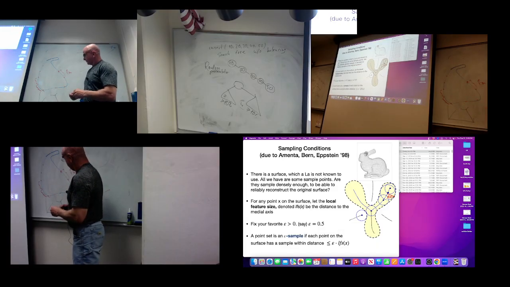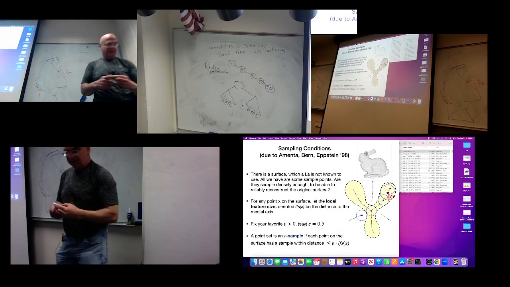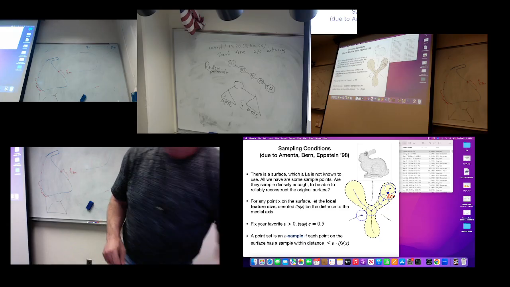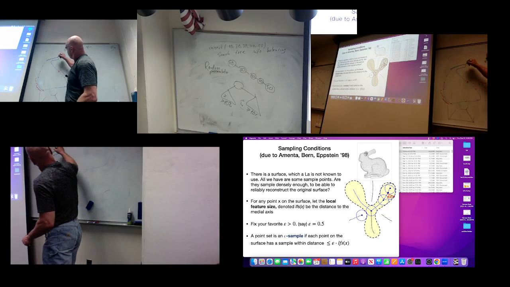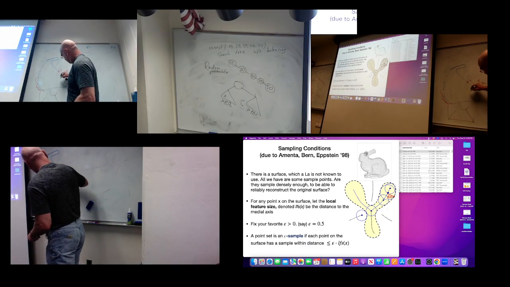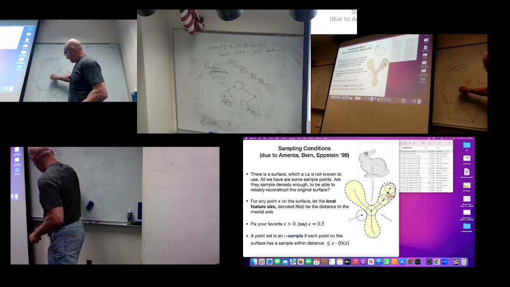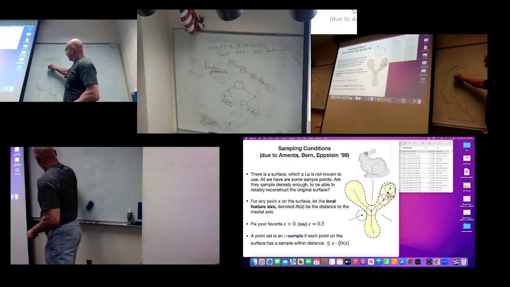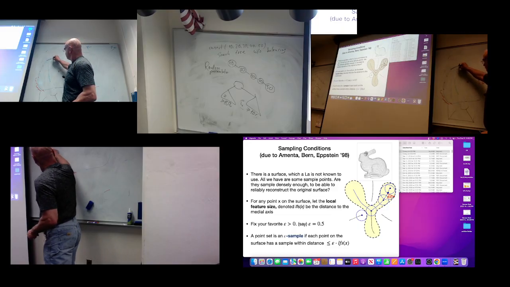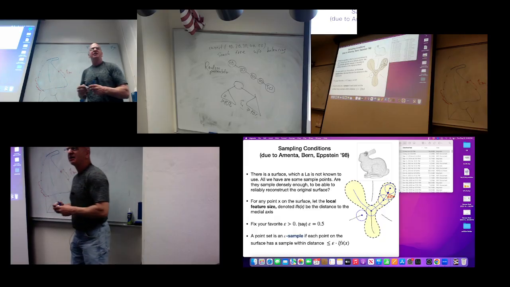Let's play with it over here. The medial axis in this shape, completely hand-waving, would be, I guess, somewhere in the middle of this big blob, and somewhere over here.